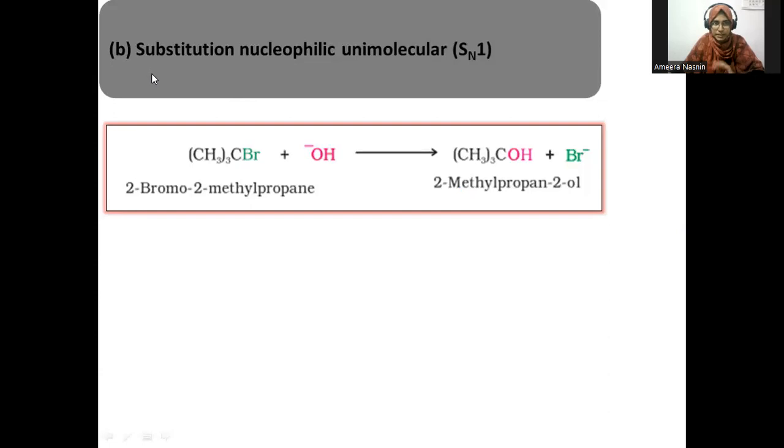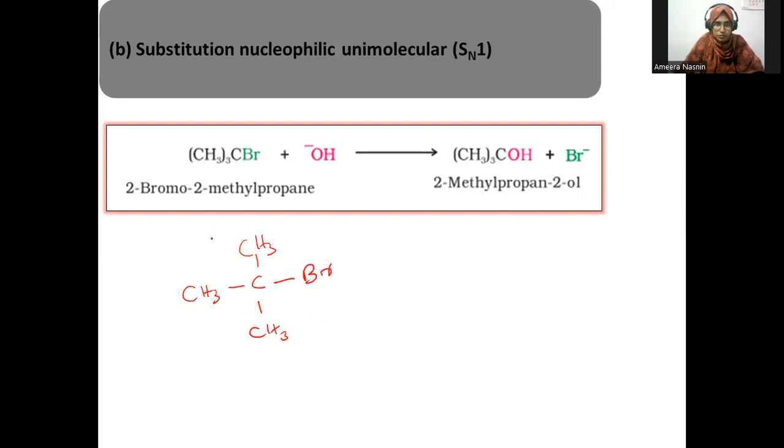Then the second mechanism by which nucleophilic substitution reaction can happen is substitution nucleophilic unimolecular reaction, that is the SN1 reaction. This species is 2-bromo-2-methylpropane, CH3, C, CH3, CH3.